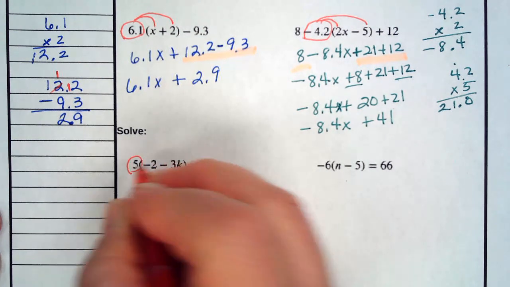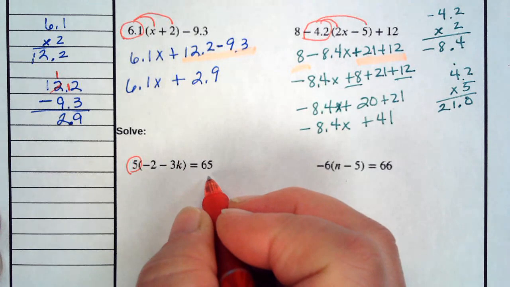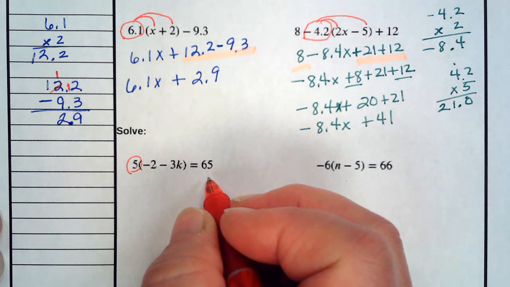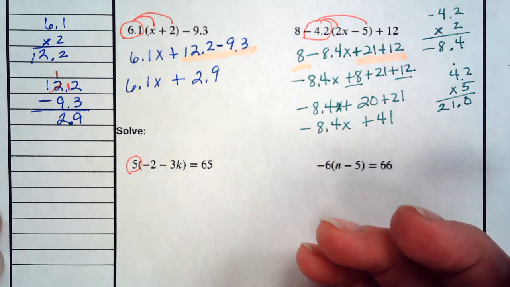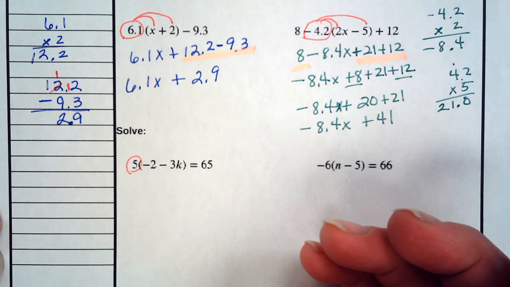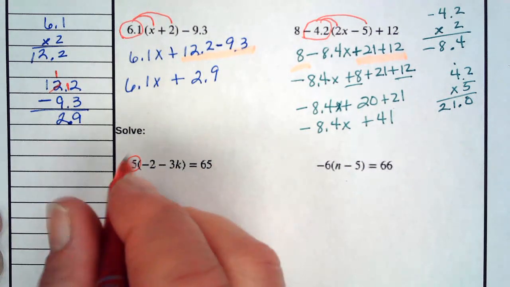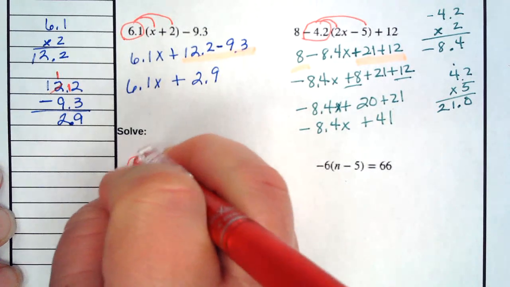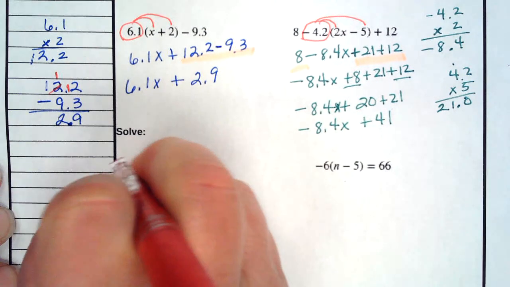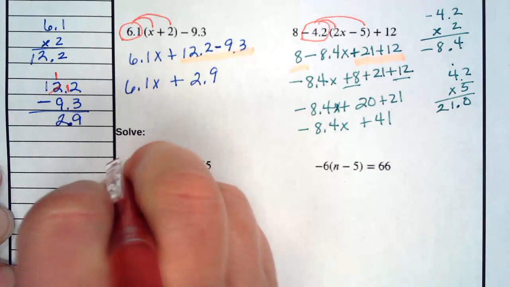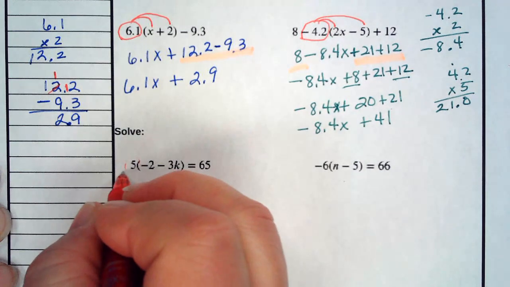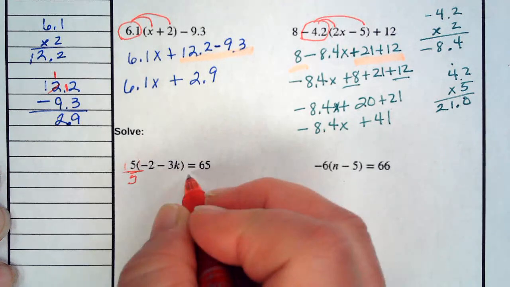I'm multiplying by 5. If I look over here, this is a factor of 5 too. I could actually divide by 5 and then use smaller numbers. I could either distribute here, or I can look and realize that both sides are divisible by 5. So if I divide by 5 here, I make myself a whole lot less work.